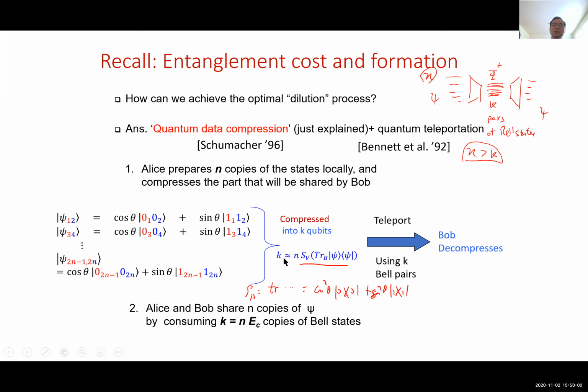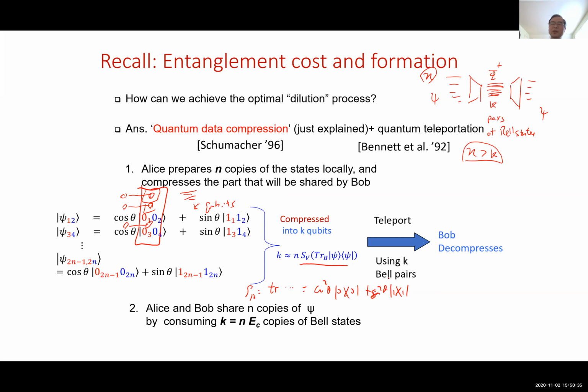She can just compress the blue part, right? So each entangled pair is locally created, but she compresses it. They basically compress all together using the scheme that we mentioned earlier, right? So just using the data compression, she can send k qubits using the teleportation, okay?